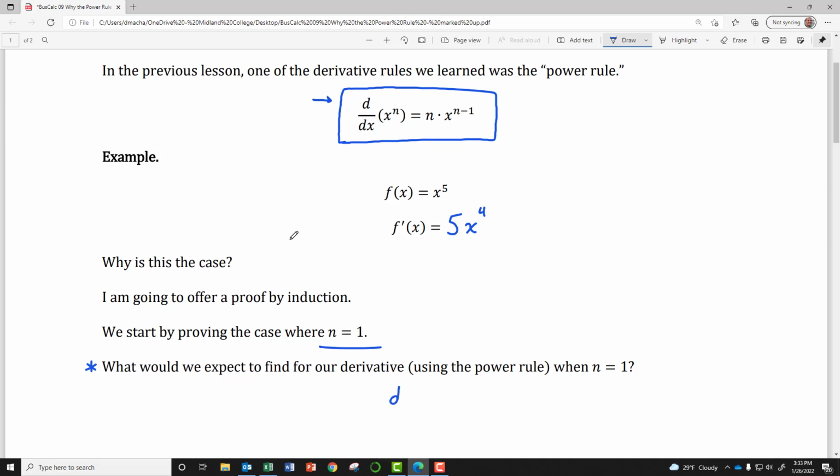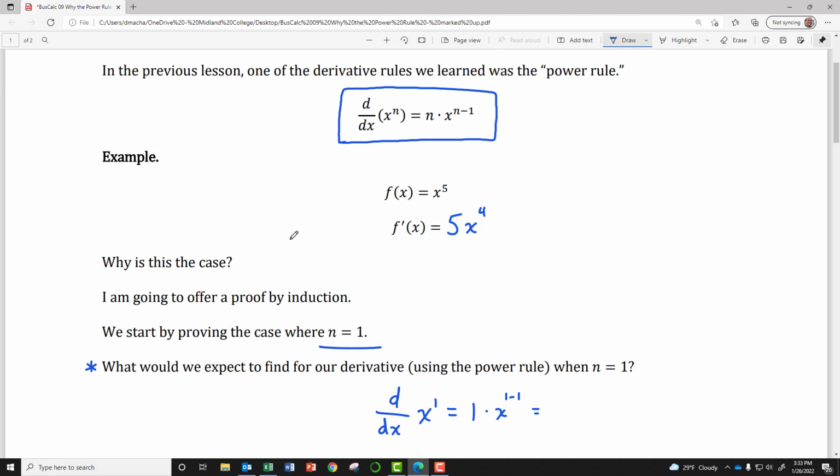If I rewrite the power rule and let this be x to the power 1, I expect my derivative to be 1 times x to the power 1 minus 1. All I've done is go back and replace all of the n's with 1's.